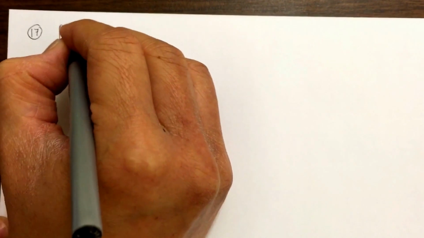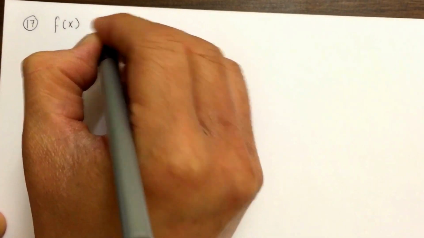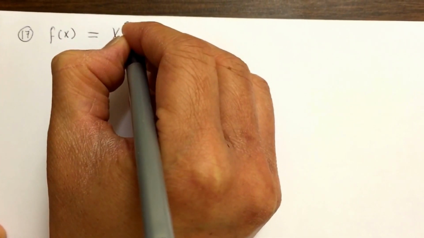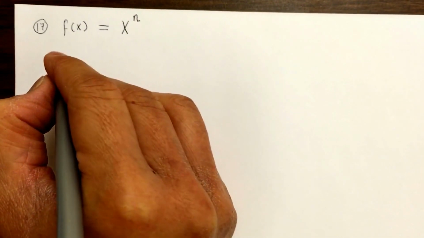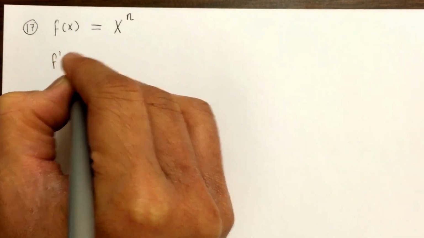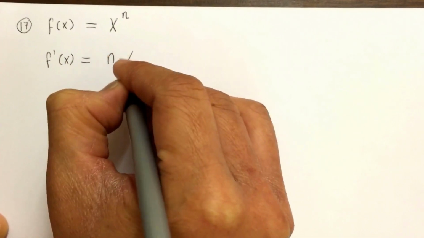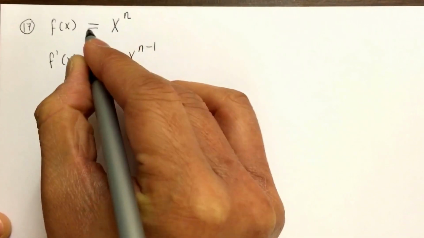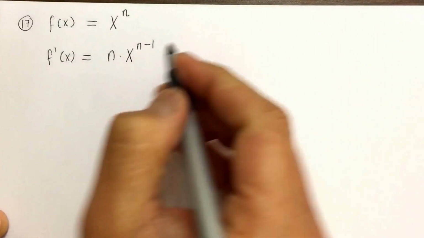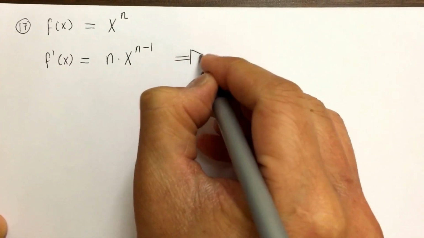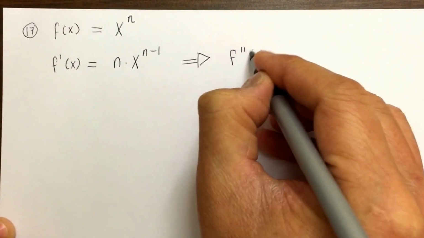The function f of x equals x to the n. And so to identify inflection, we need to find the second derivative of the original function. So we begin by taking the first derivative, and then we will be taking a second derivative right here.